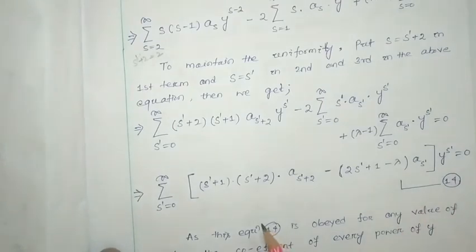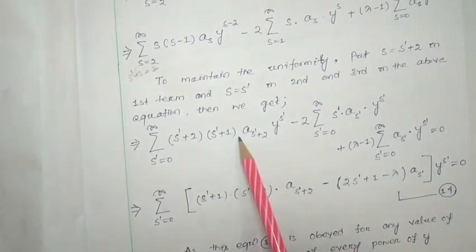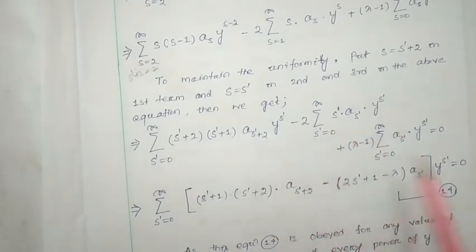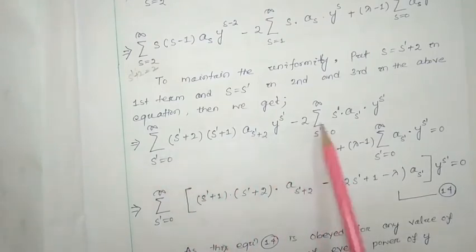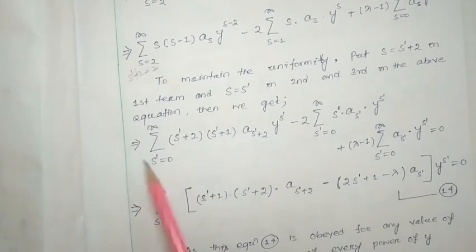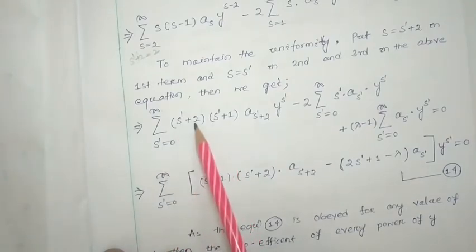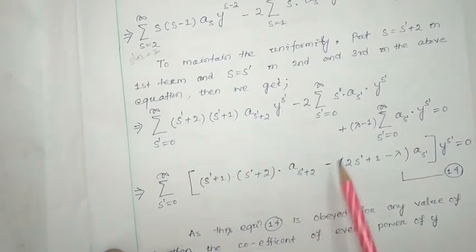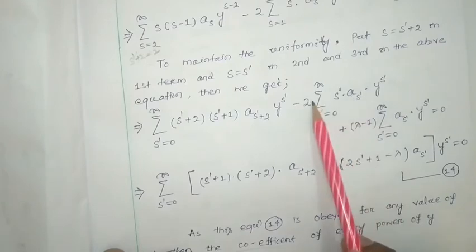Okay, now s dash equal to 0 to infinity, y to the power s dash is common for all the terms, so take it outside. The remaining terms have uniform summation, so the summation can be written at the initial for all the terms. So summation over s dash 0 to infinity, (s dash plus 2) into (s dash plus 1) into a subscript s dash plus 2, minus 2 s dash a_s dash.